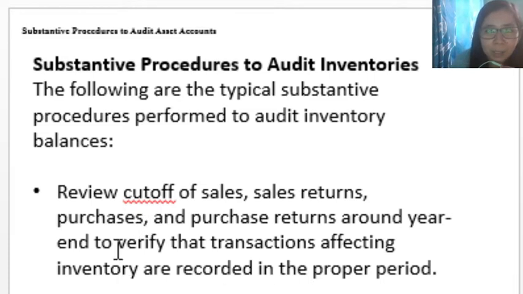So again, this is the purpose of cut-off, to determine if the entity records only those transactions which pertain to the current period and does not include those which pertain to the subsequent period.